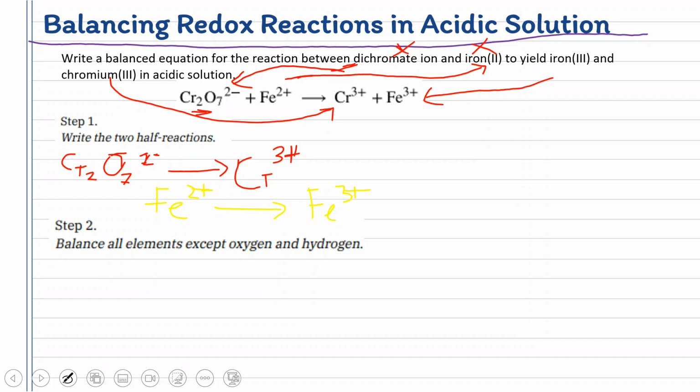So straight away we can try and analyze this to see what's going on here. You want to analyze this carefully. One of these is the reduction reaction, one of these is the oxidation reaction.